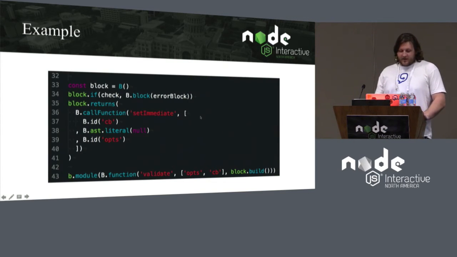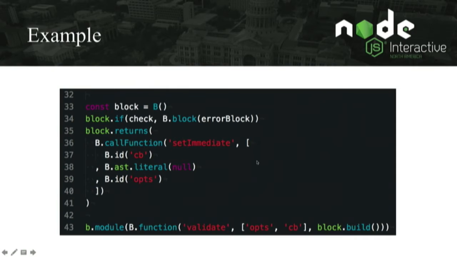So here is the actual block that we're generating for this function. We're doing an if statement with the check, which was the typeof check, and then we wrap that error block in a block statement, and we also return calling setImmediate the same way that we did for the error.